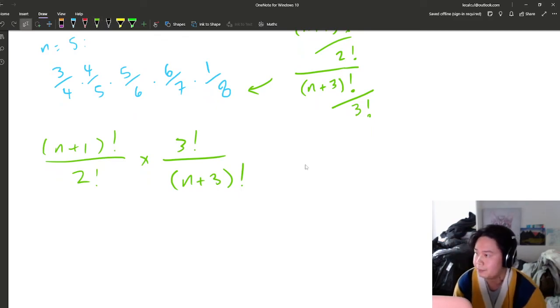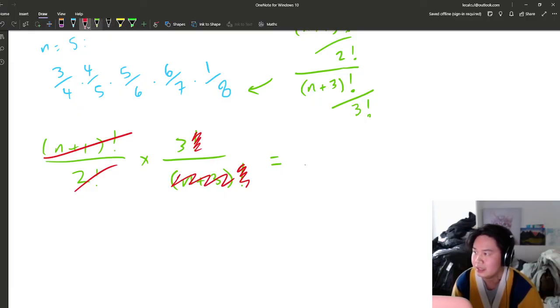Okay. And then certain things cancel out. This 2 factorial is going to cancel out with the 2 times 1 in here, so that just leaves a 3. And the n plus 1 is going to cancel out with the factorial in here, and it's going to leave you with the n plus 3, and then the next one, the n plus 2, which is what we said earlier.